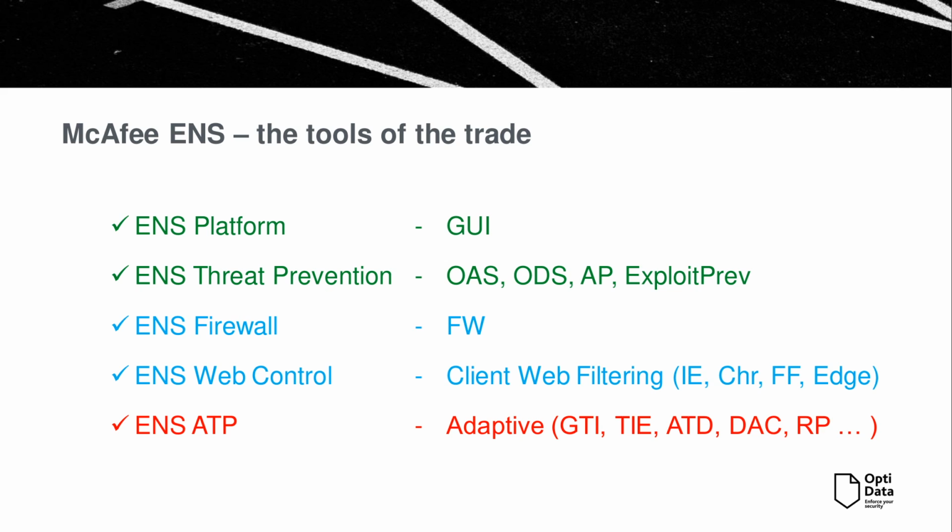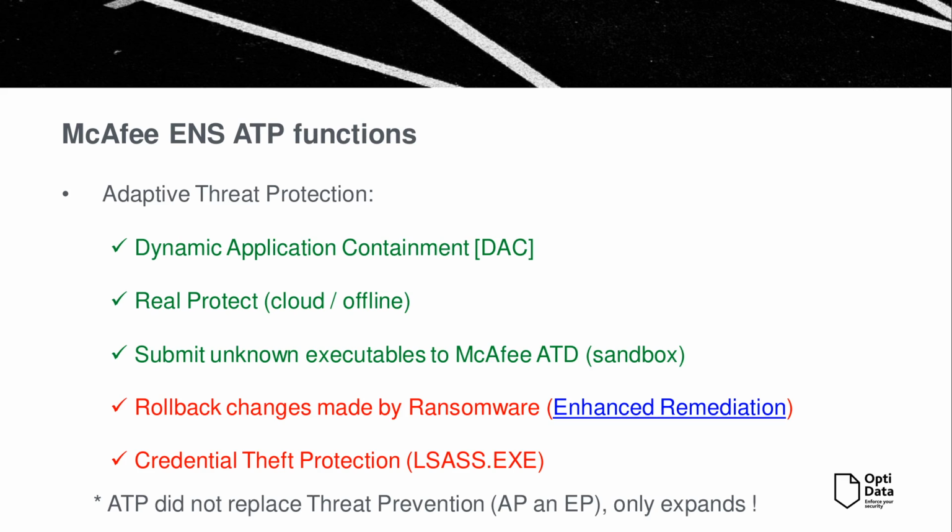And last but not least, Endpoint Security Adaptive Threat Protection. That's the module which highly depends on file's reputation, but this module has many additional possibilities to get your hosts clean and untouched by different malware.